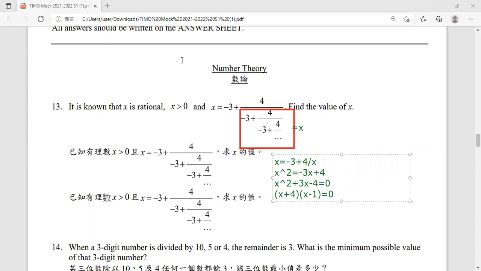Because x is rational, and I know that x is greater than 0, x is equal to negative 4 or x equal to 1. I have to reject negative 4. x is greater than 0. So the value of x is 1.